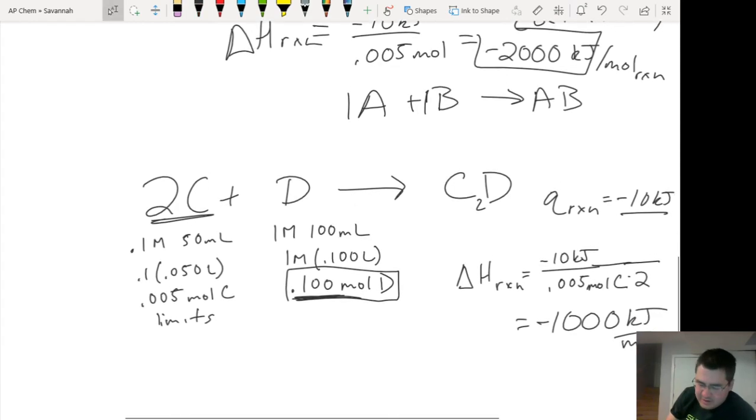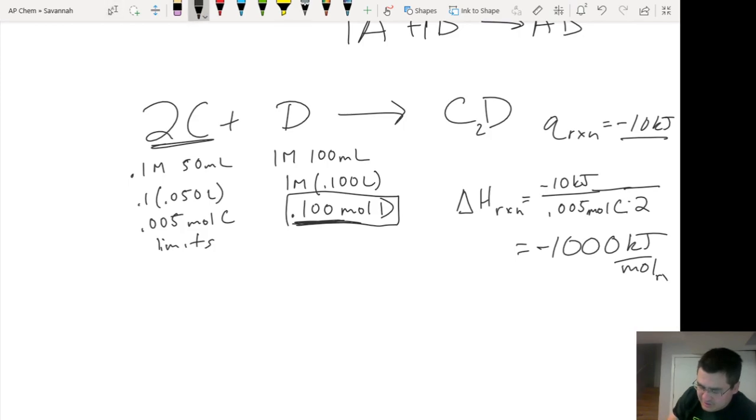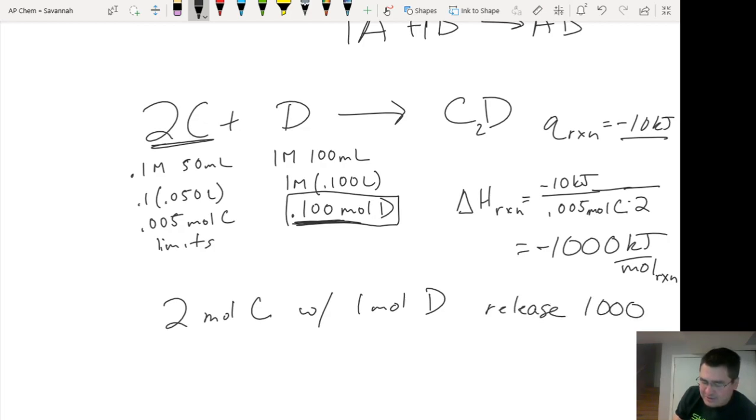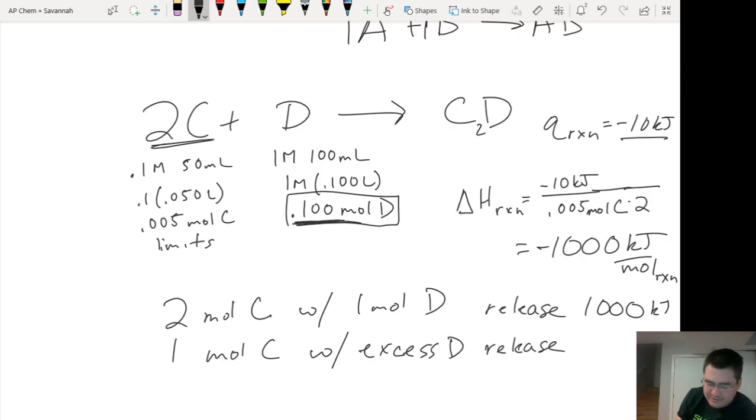Right? So what that's saying, and that's per mole of reaction, is that if I react 2 moles of C with 1 mole of D, then I release 1,000 kilojoules. If I react, say, 1 mole of C with excess D, then how much would I release? 500?